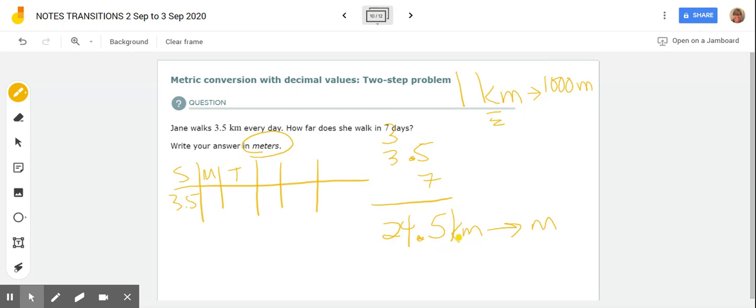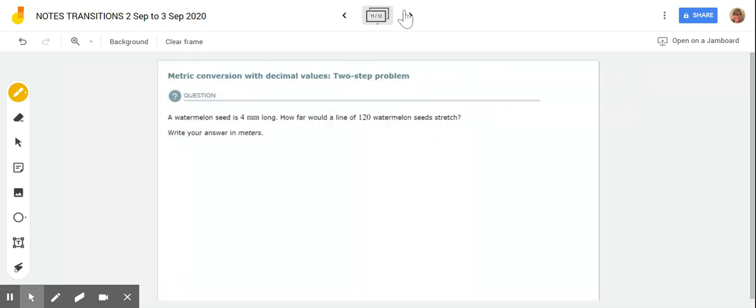So you need to take this and multiply it by 1,000, which means you just move your decimal point over 1, 2, 3 places. And then that is the answer. 24,500 meters.